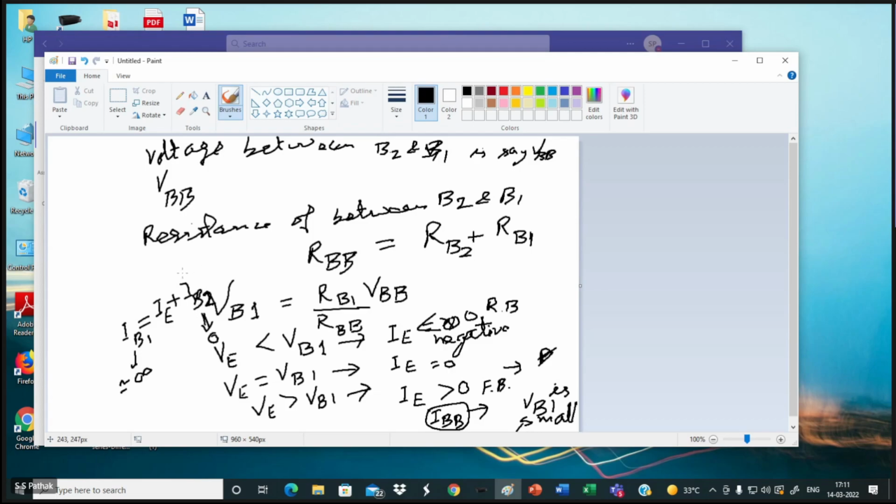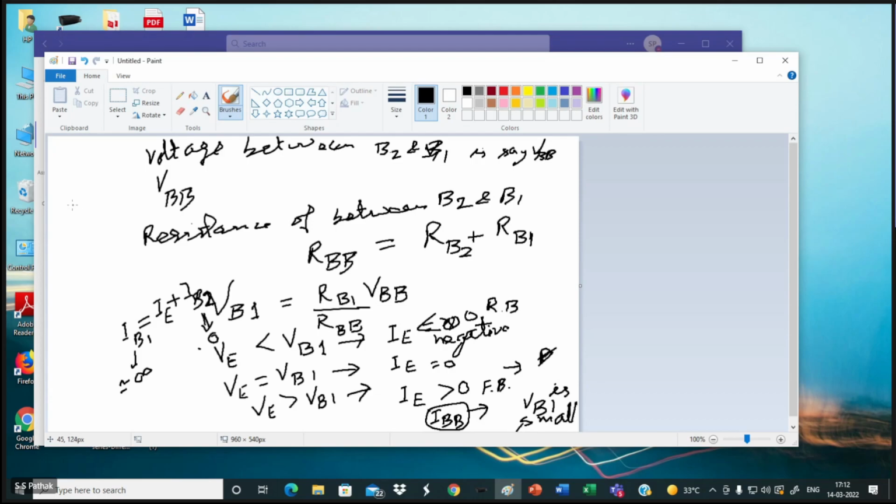Once again, IB1 is increasing, IB2 is decreasing, and VB1 is becoming small. If VB1 is becoming small, that means RB1 is reducing. Okay, sorry.